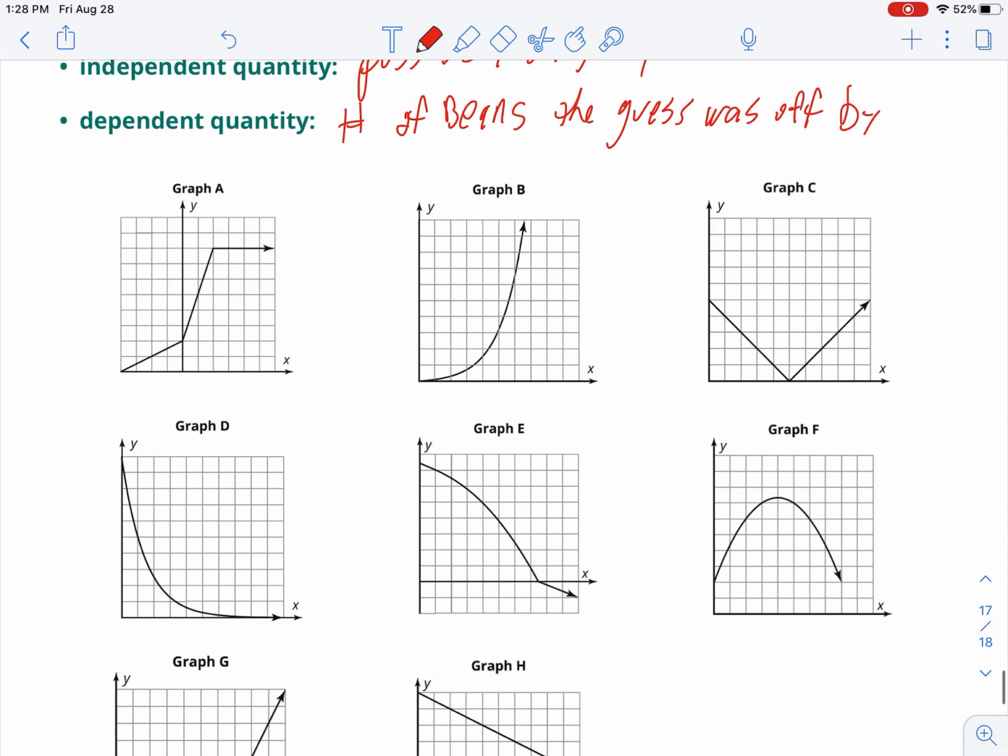Now, the x-axis on graph C is going to be the possible number of jelly beans. This one I'd say is a little tricky. This one's pretty tricky. And this is, again, the number of beans the guess was off by.